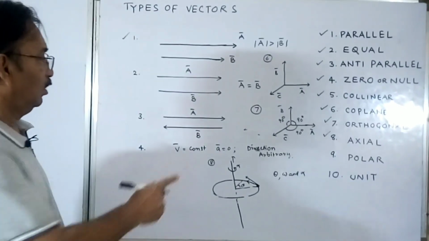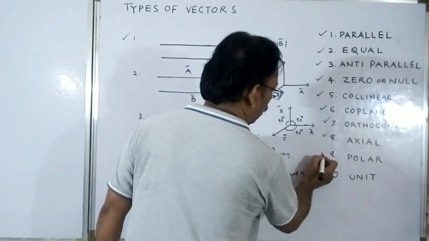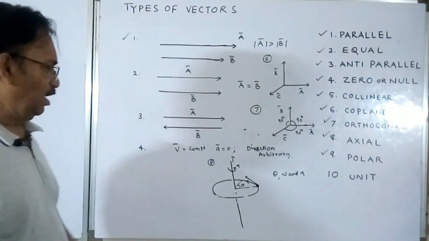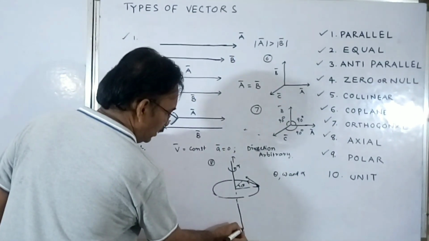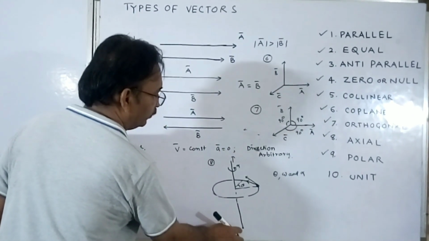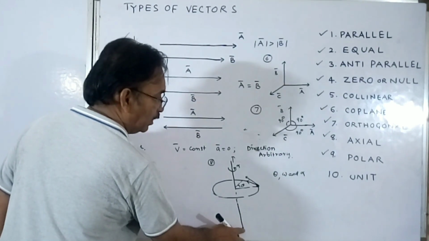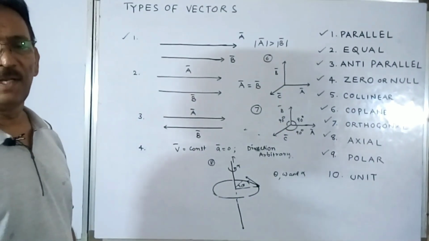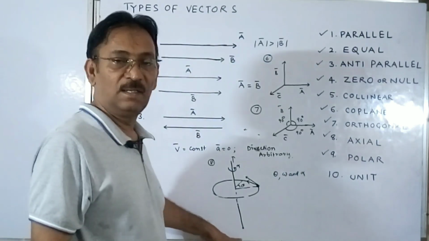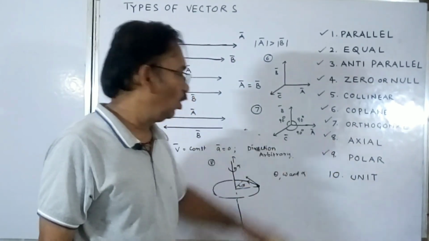Then what is left? Polar. Here the same thing. If you take this one, in this the axis is fixed. If the axis is fixed, we call it a polar vector. Understand me? If the axis is fixed, then we call it polar.